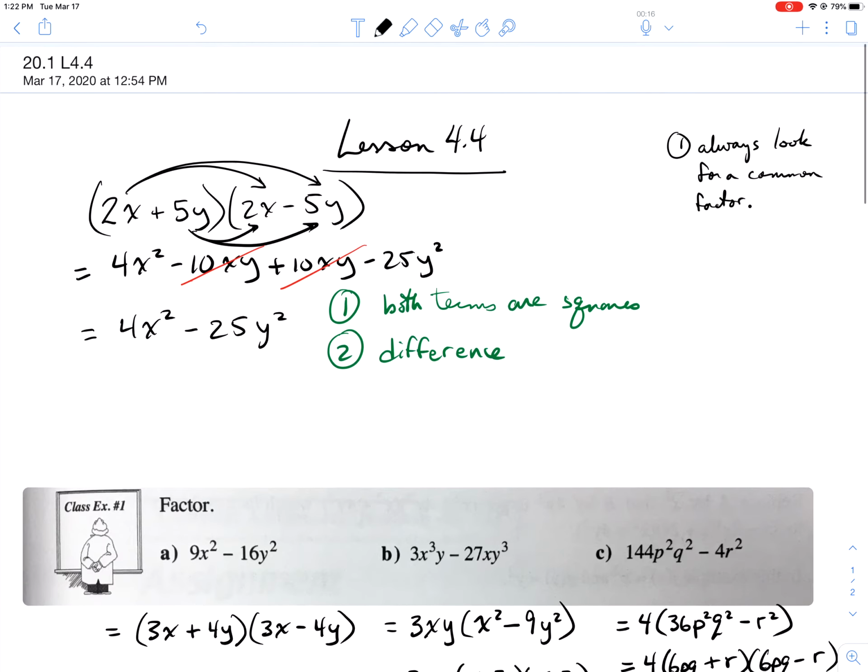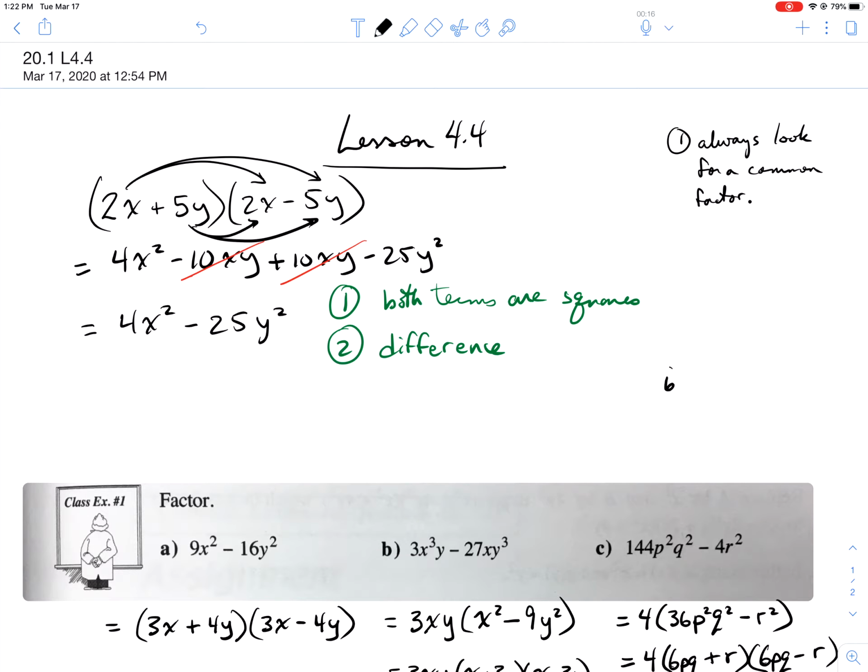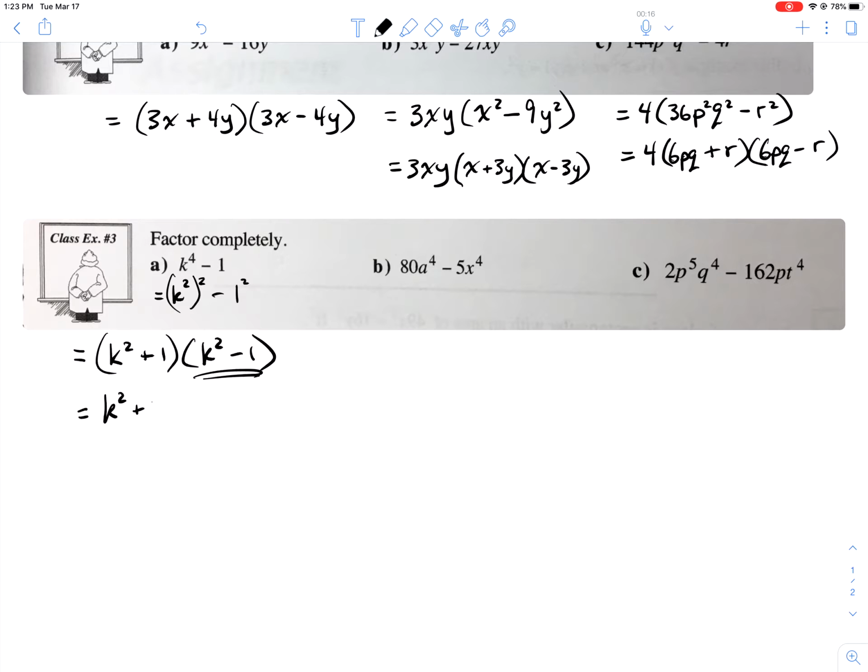If we go way back up here, number 6 is restart, look for more factoring. Okay, if we look for more factoring, it might be there. And we can see that, oh, we do have another difference of squares. So sometimes they happen more than once. And k plus 1, k minus 1.